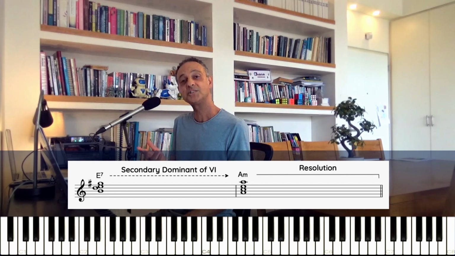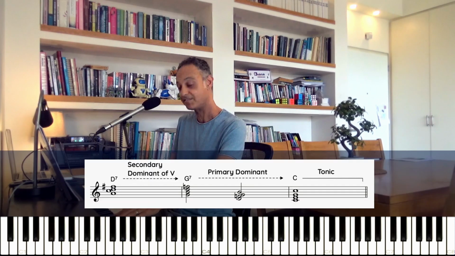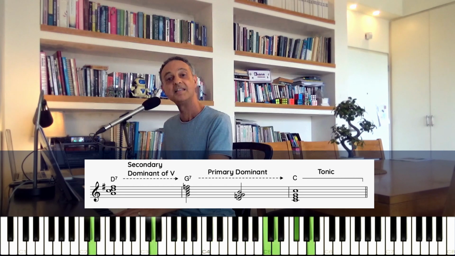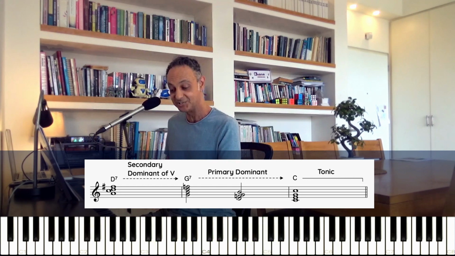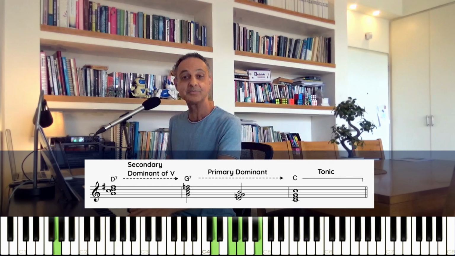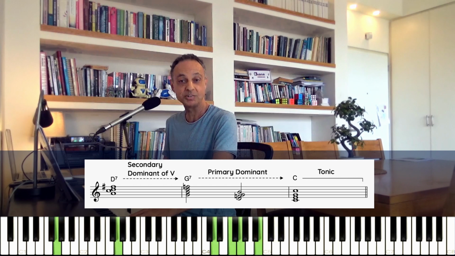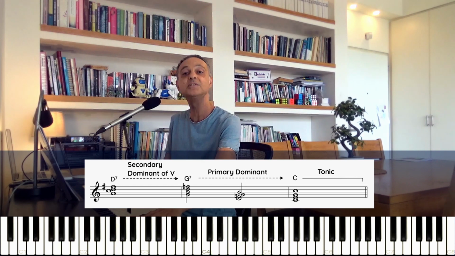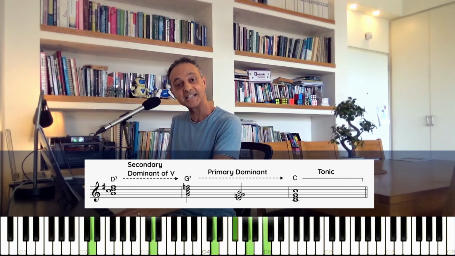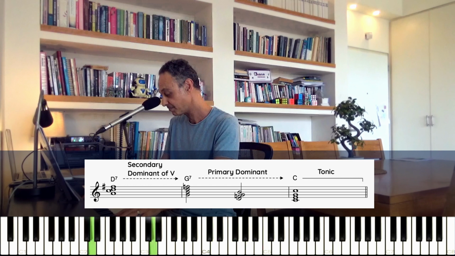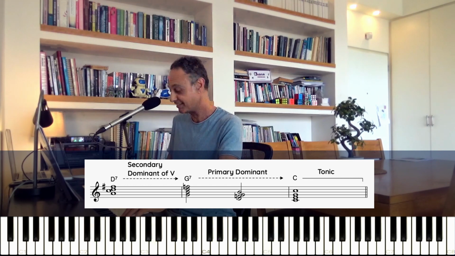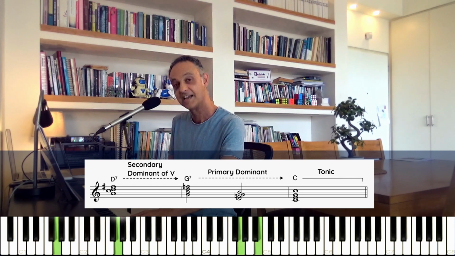And secondary dominant of 5 would be D7, that resolves to the primary dominant, to G7, and the primary dominant, of course, is unstable also, and it wants to resolve to the tonic, to C. Again, D7, secondary dominant of 5, that resolves to the primary dominant and to the tonic.